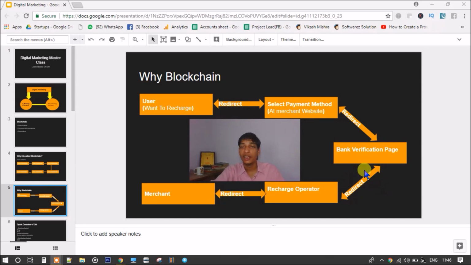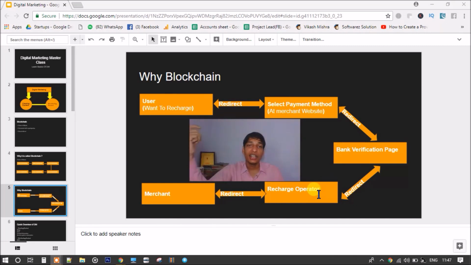So the balance is reduced from your account, but your recharge will never be successful. Why? Because the recharge operator doesn't know anything about this transaction. You got the point. You did the payment at the bank verification page, but the recharge operator never knew about this transaction.